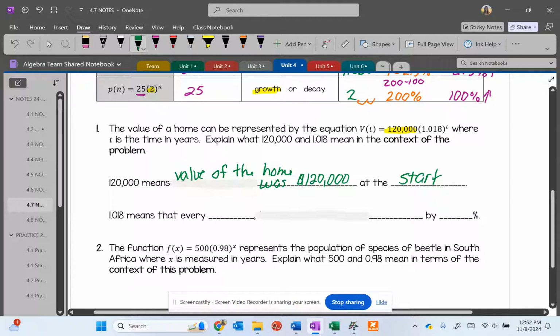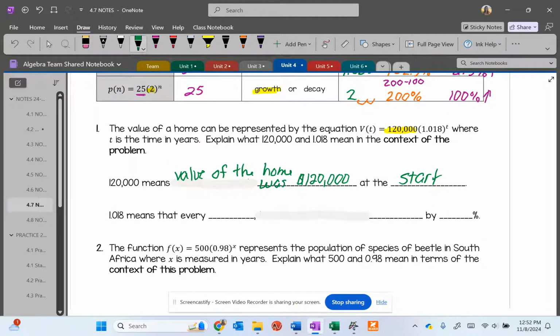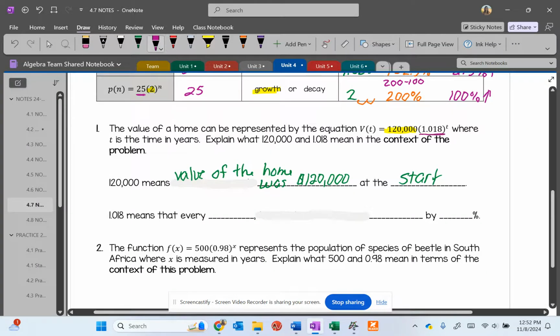So now we have this number, but we want to interpret it as either a percent increase or decrease. Many of you will look at the multiplier and say, oh, that's a percent increase. You are right, but let's figure out what that is. So we move the decimal place 2 spaces to the right, and this becomes 101.8%. And if we compare that to 100%, we end up getting 1.8%, and it's positive.